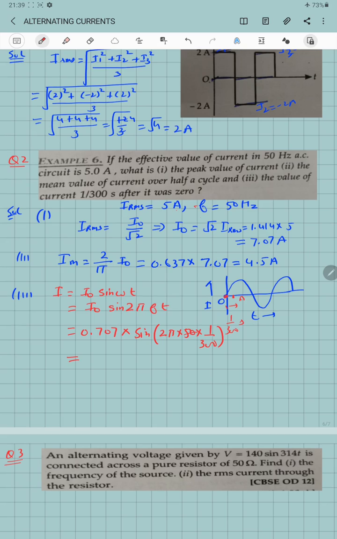So 50 over 300, 2 3s are 6, we are getting 0.707 into sine of pi by 3, which is equal to 0.707 into root 3 by 2, which after calculation gives us answer 6.12 ampere.